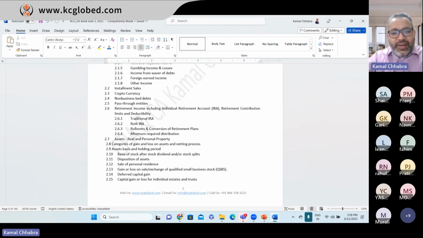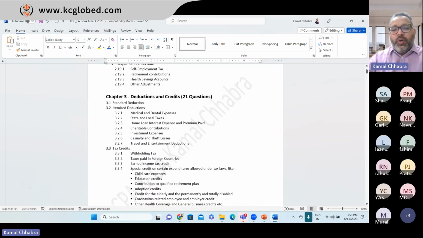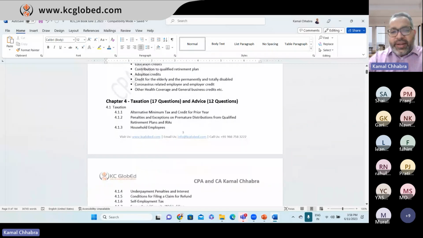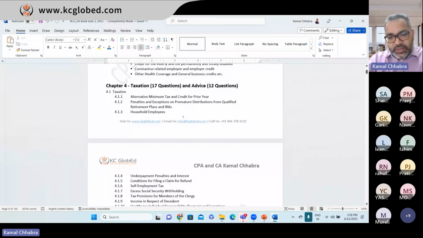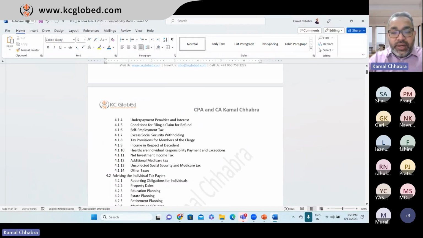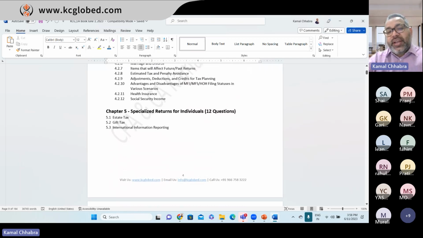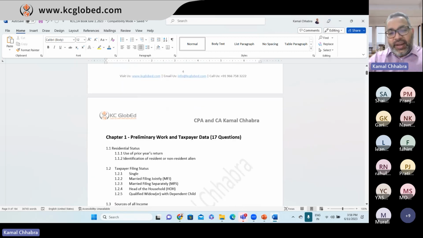Then we'll understand in more detail deductions, credits, and taxation, including tax advice, so how to advise the individual on their tax planning, that also you'll be learning here. The last one is specialized tax returns, which are estate tax return, gift tax return, or international tax return. You'll be understanding in detail end to end.